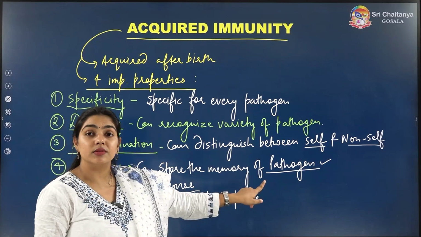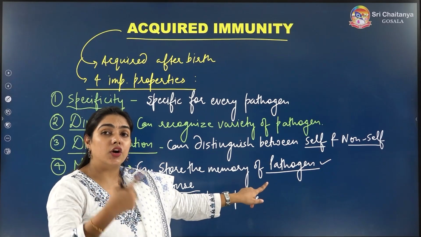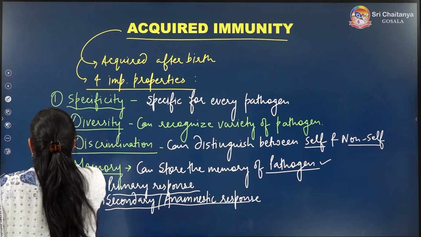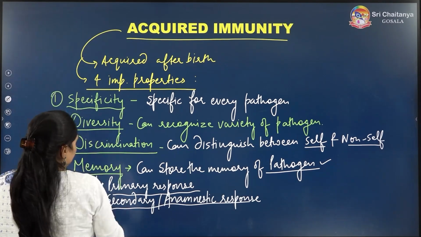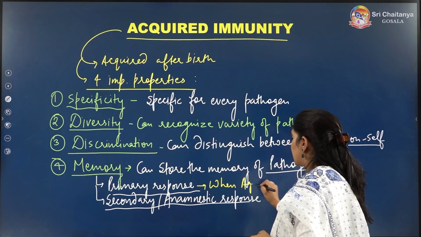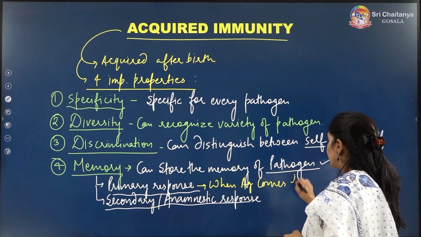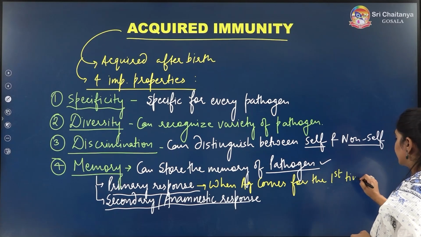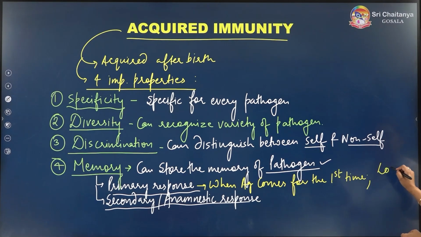Primary response comes when the pathogen or antigen is coming into the body for the first time. So it comes when antigen comes for the first time, and it will be of low intensity.